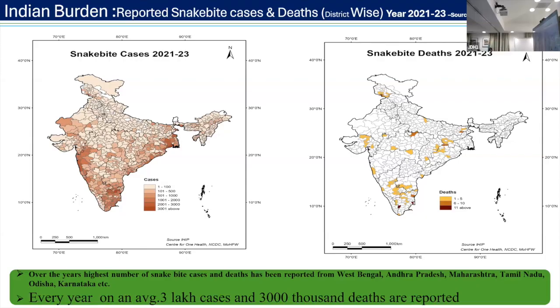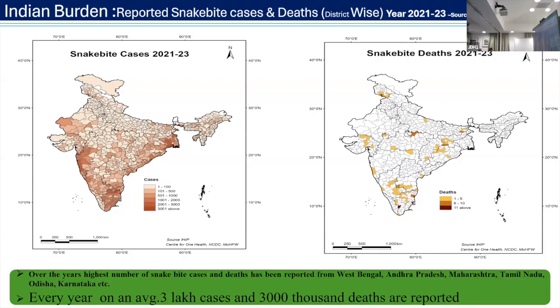So what is important to understand is that if we really want to reduce the number of cases and deaths, we need to find out the high risk regions. So we start from districts and go below that, to sub districts and villages, the field level areas where snake bites are more common, and then target the interventions to those high risk areas.